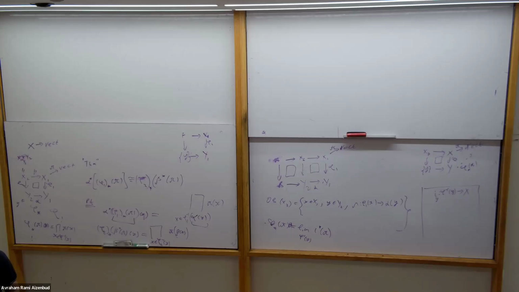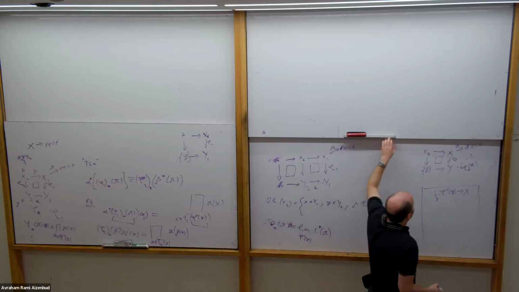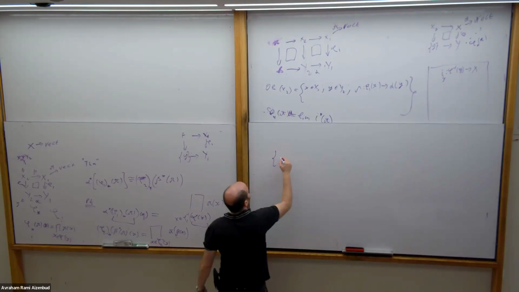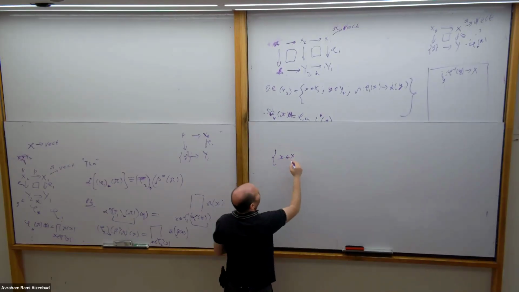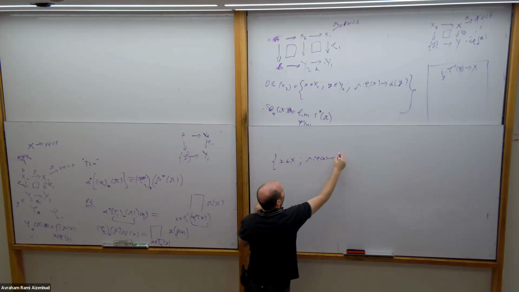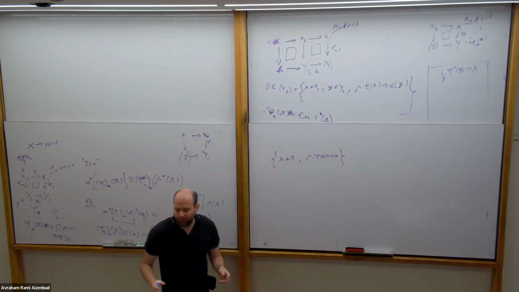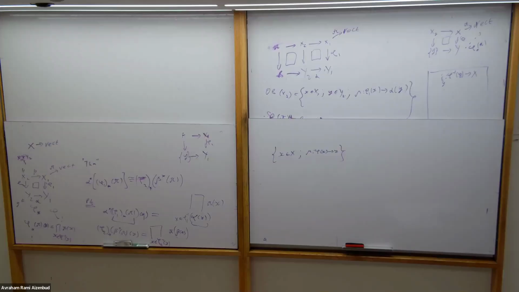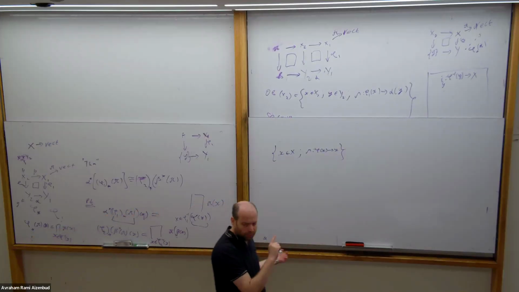What's the difference between the fibers of left and right extension? Because you don't really take the actual fiber, right? You take pairs of objects in X and a morphism, an isomorphism from phi of X to Y. Now we're talking about groupoids, so you can say isomorphism, and then the direction doesn't matter. But in general Kan extension, you have to remember what side is what.